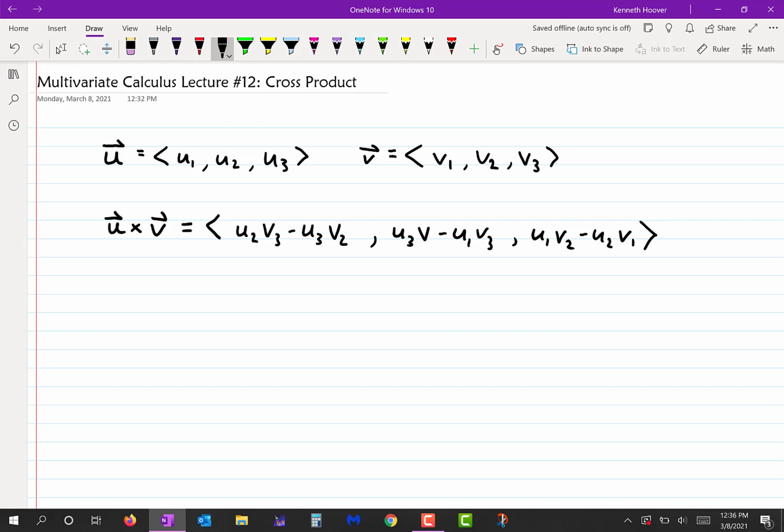That's something you learn in linear algebra, and I suspect we might need it later in this class, but I would prefer to wait until then. You can see it in the book if you want, but I'm not going to put it in the lecture. I'm just going to say that this is the formula for cross product, and whenever you calculate a cross product, you follow that formula.